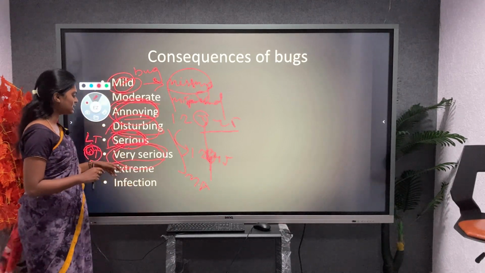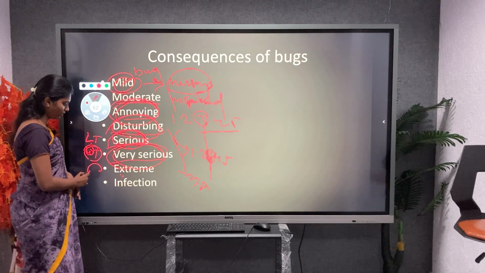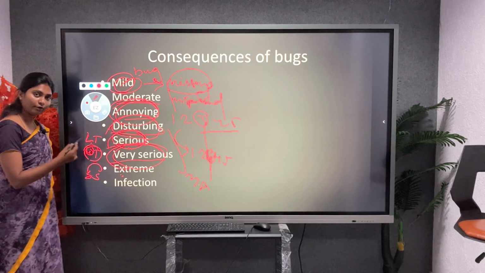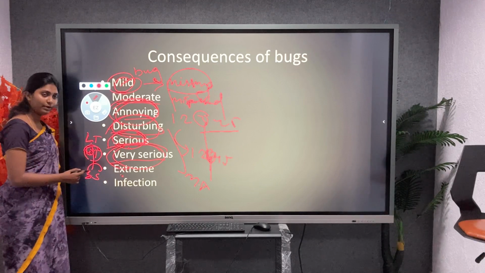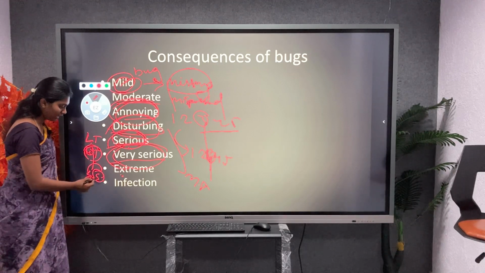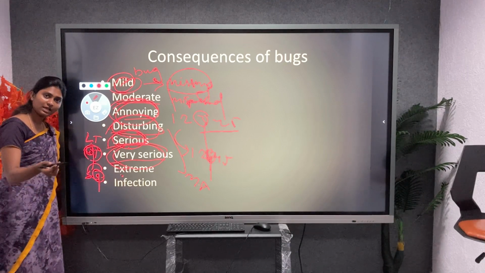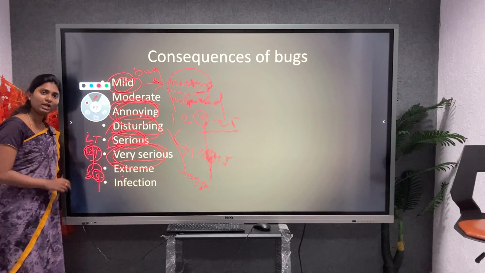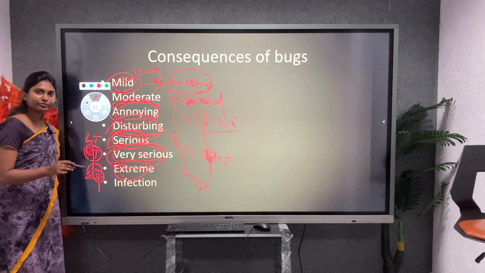So extreme is nothing but linking software from one system to another system, and it leads to a bug because unwanted data may be in another system. If unwanted data is in another system and it links to the main project, it leads to failure. So we can't use extreme as a bug.